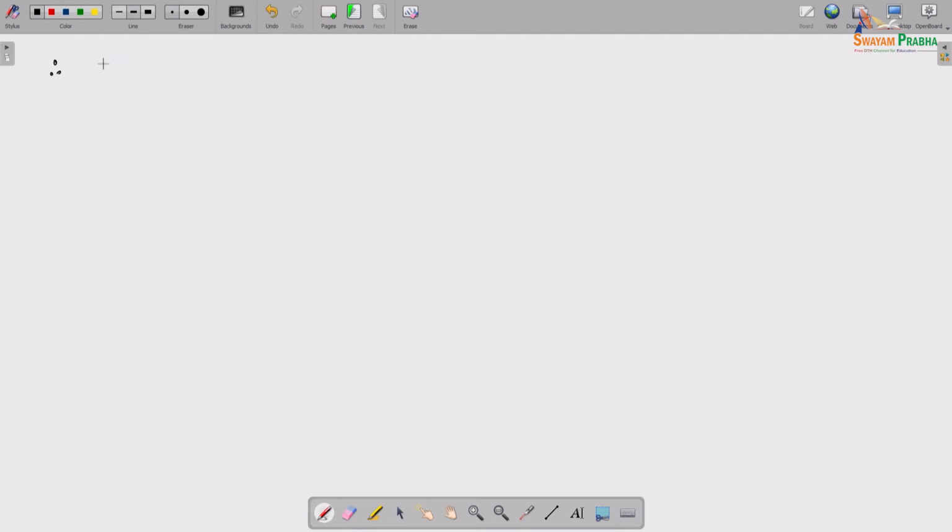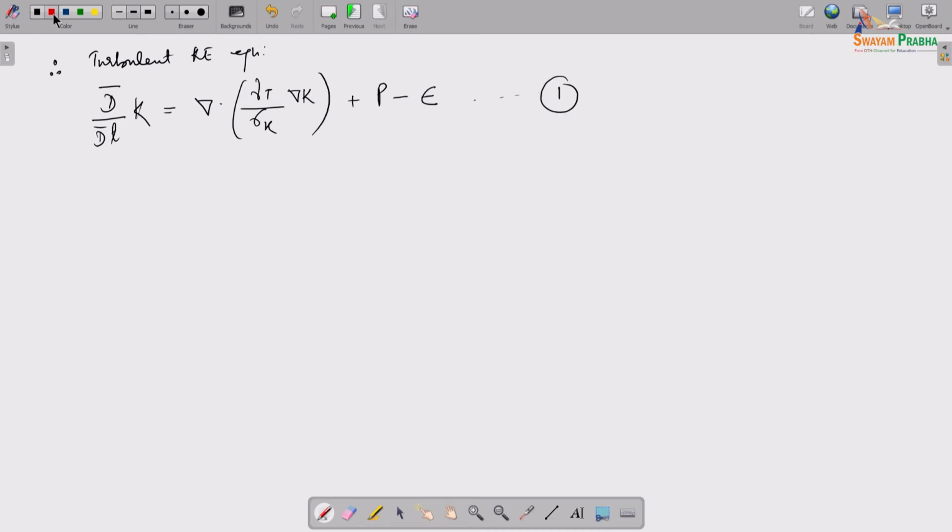Therefore, the turbulent K equation is essentially equal to this, right, and this is essentially the model transport equation for K, right.